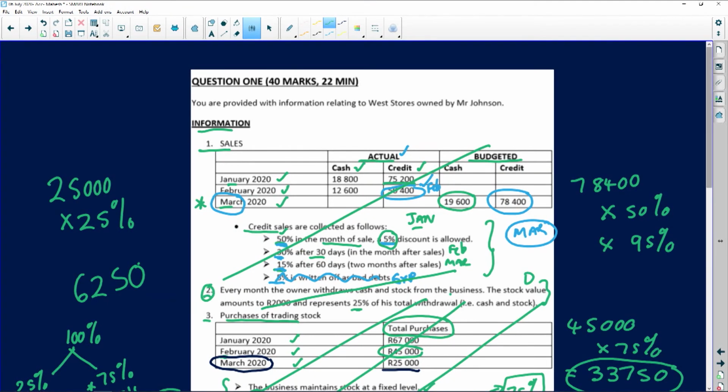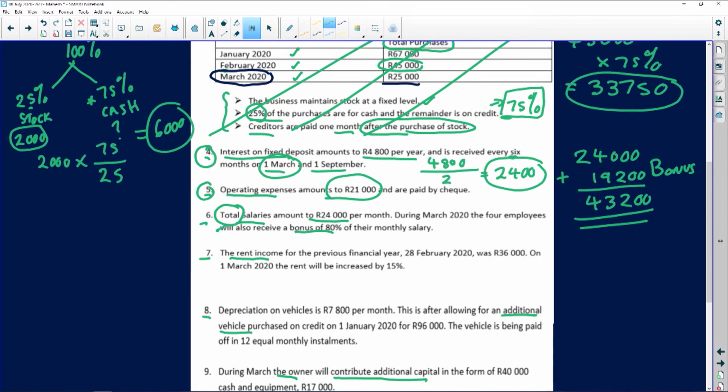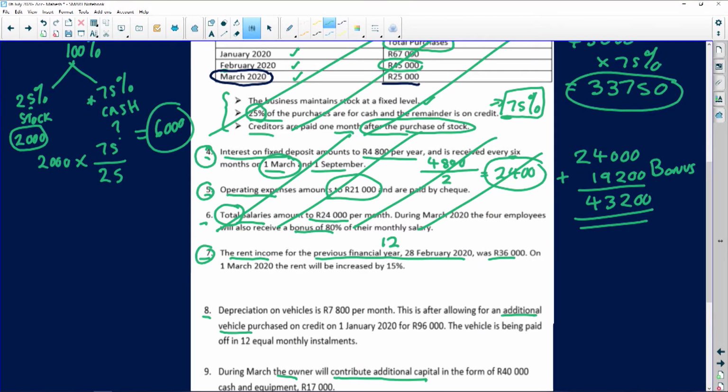Right, salary sorted. Our next bit of information deals with rent. So again, I just want to cross that out so we know that we've covered that. We are now looking at information 7. The rent income for the previous financial year, 28th Feb 2020, was 36,000. So remember, the previous financial year, obviously 12 months of rent, was 36,000.